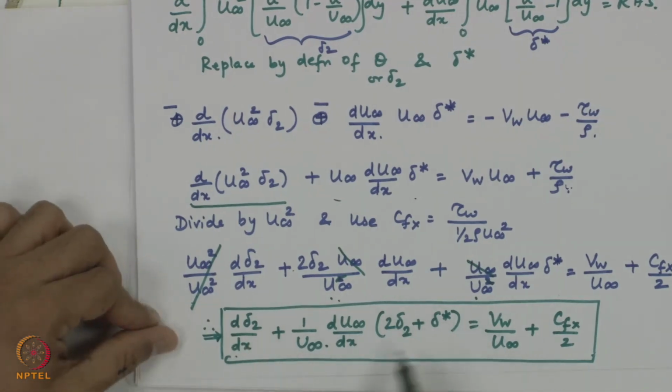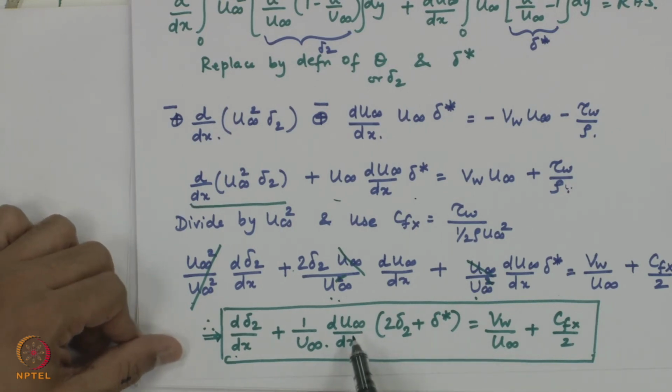This is a very general equation where Vw was non-zero, du infinity by dx was non-zero, that means varying free stream velocity. For flow over a flat plate typical of undergraduate curriculum and a solid plate, these two terms would drop off and we would get d delta 2 by dx is equal to Cfx by 2.